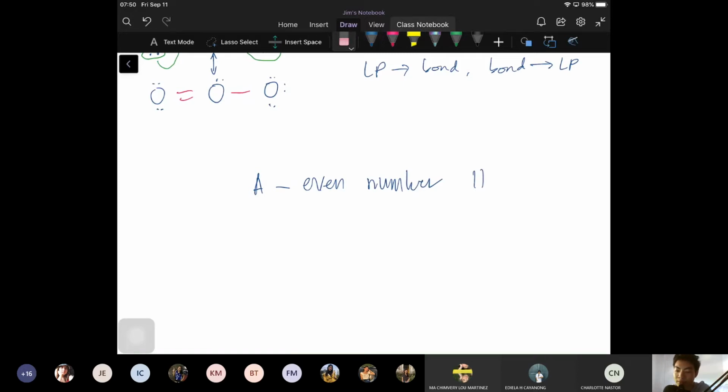So, in cases that your NASA rule fails to follow the norm, meaning ko doon is may odd numbers, kulang yung bonds, o kaya sobra ng bonds.